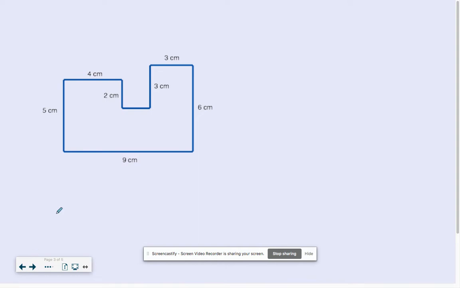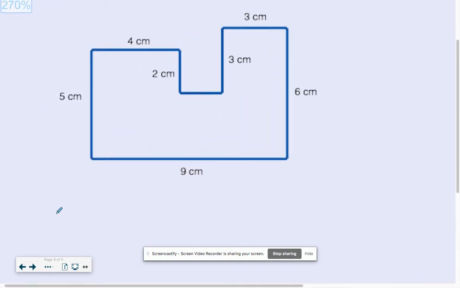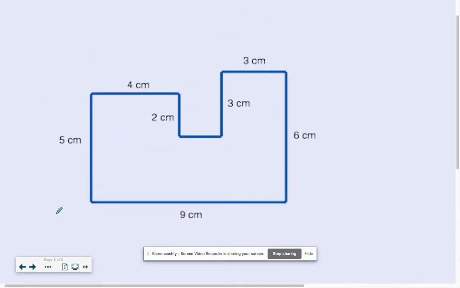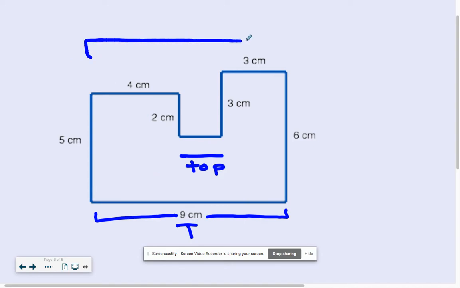We're going to make this one a little bigger so we can see it better to find our missing sides. Right here, this side length is missing. And if you notice, that is a top of the shape. So we can look at the bottom of the shape and we find out that the entire bottom is 9. So that makes it a total. So then we can look across the entire top.